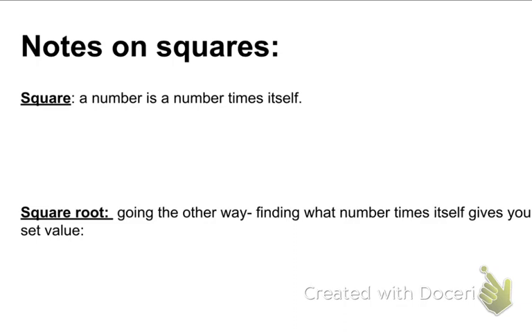Now, here are some notes you need to get down. One is squares. A square is any number times itself. So, for instance, 2 squared is 2 times 2. It represents a 2 by 2 box, and the value of 2 squared is 4.